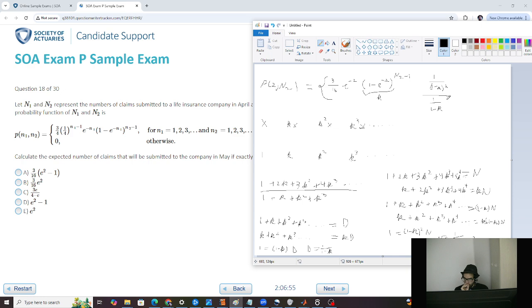Multiply numerator and denominator by just 1 minus k. Right, because then your denominator just goes to 1.